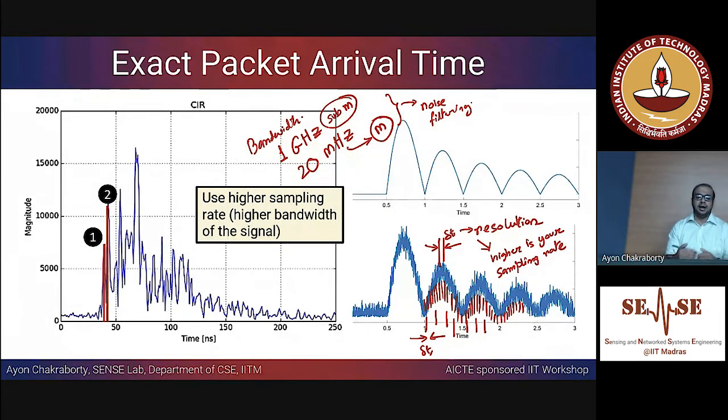And after collecting, let's say, 10 CIR samples, you place them together and figure out, by filtering out the noise, the exact offset of your first peak, right? So that is possible. So that actually makes some improvement on the accuracy.